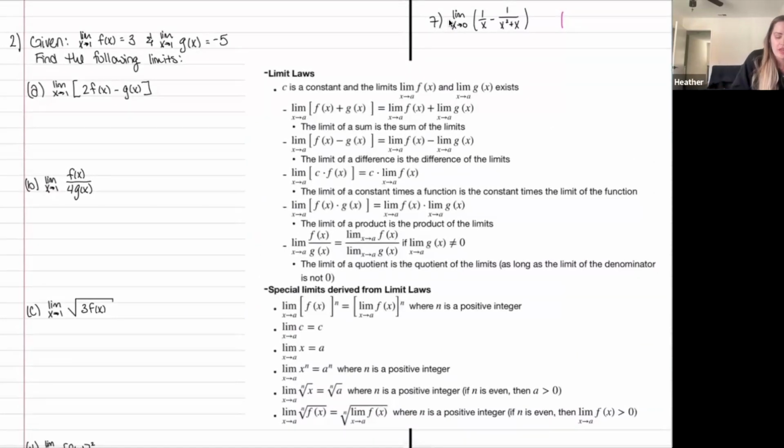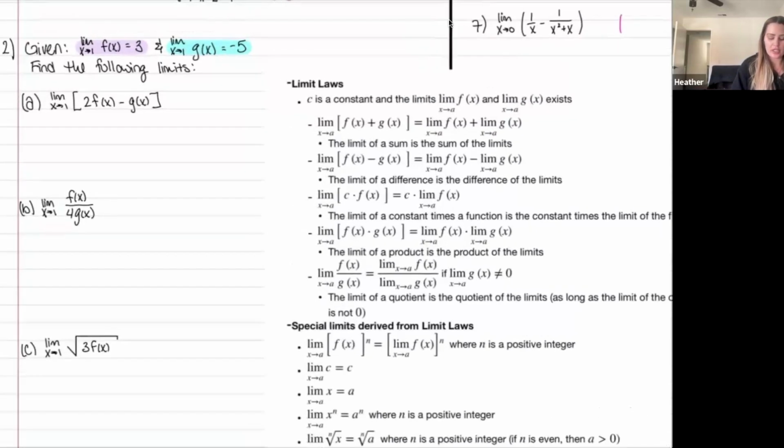I'm given the limit as x approaches 1 of f of x is 3. I'm also given the limit as x approaches 1 of g of x is -5. Now we're going to find the following limits using that information and our limit laws over to the right. First I have the limit as x approaches 1 of the quantity 2 times f of x minus g of x.